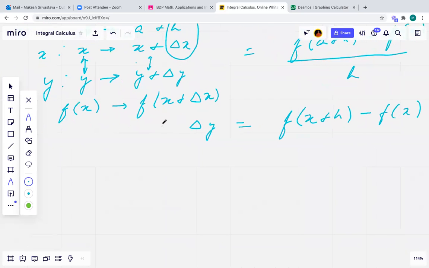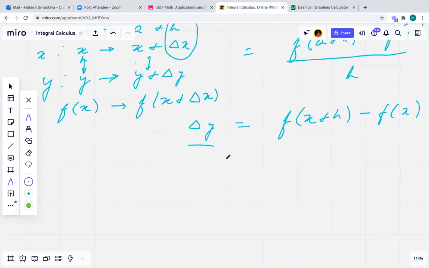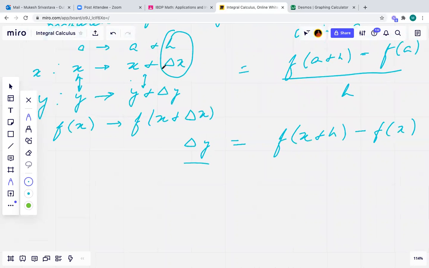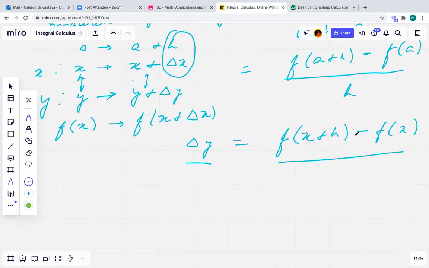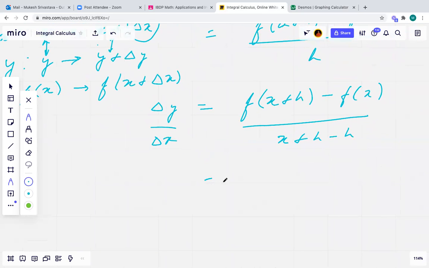Now, x plus delta x minus x, which is h, that is x plus h minus x, is delta x. So my delta y upon delta x is the gradient of AB.